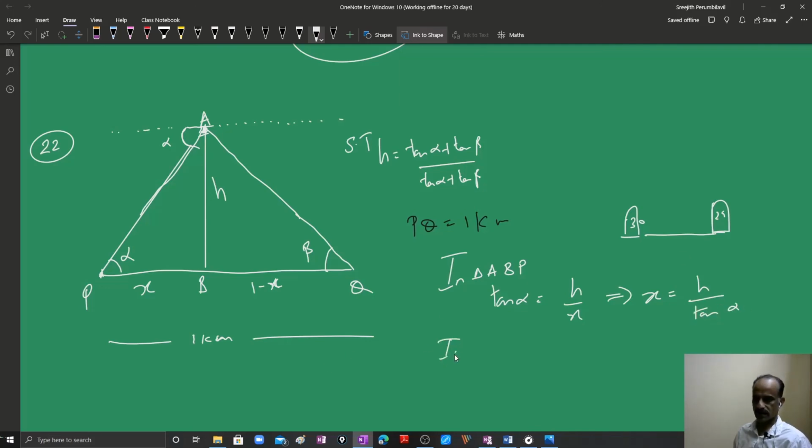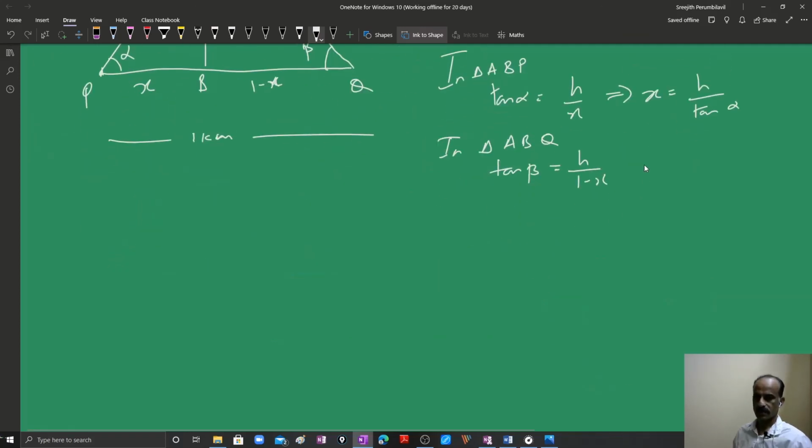Now in the next triangle, in triangle ABQ, tan of beta is equal to h divided by 1 minus x. This implies what? 1 minus x is equal to h by tan beta.